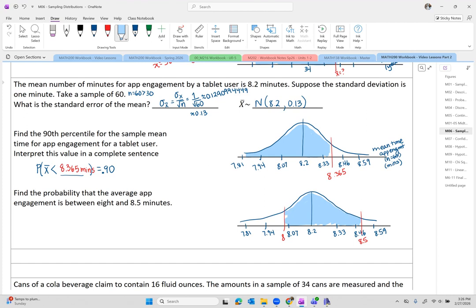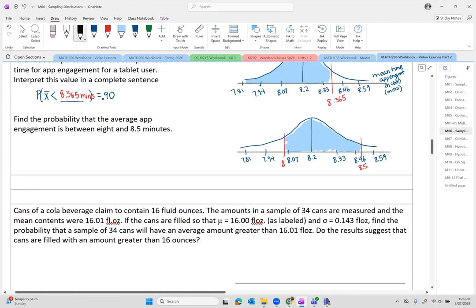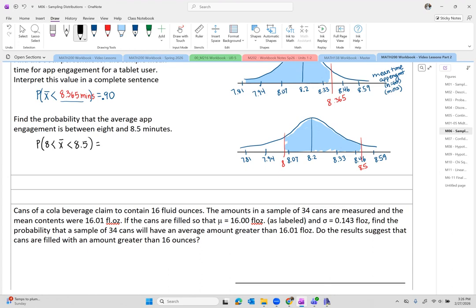So let's try to see how much that will be. The mathematical expression is, what's the probability 8 less than x bar, less than 8.5. And again, we are looking for the sample mean for samples of size 60.